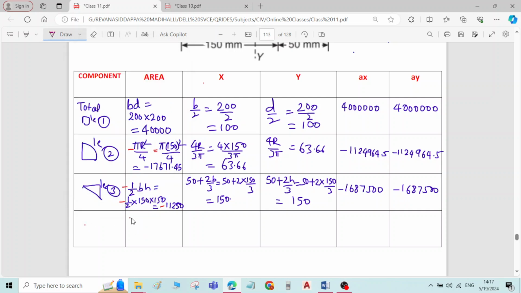Here the total area is equal to 11,078.55. Sigma AX is equal to 1187535.5, and sigma AY is also the same answer, 1187535.5. Now you can calculate x bar and y bar.